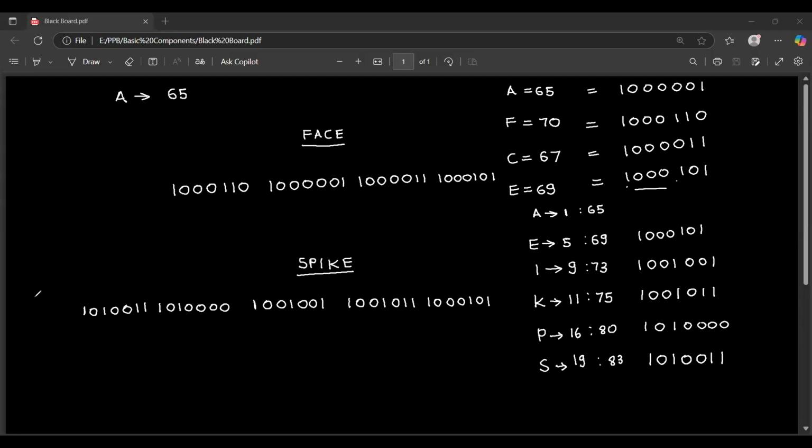So this is the second one. Then we have EBCDIC, the Extended Binary Coded Decimal Interchange Code. This is also used in IBM mainframe computers. They use 8 bits for the character representation, which means 256 characters can be represented.